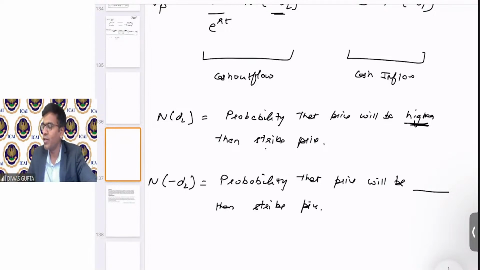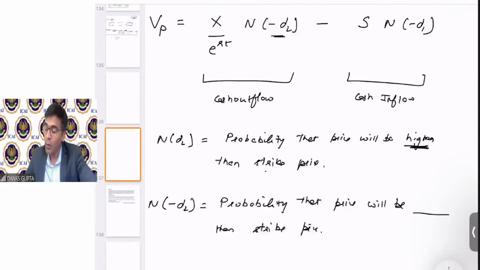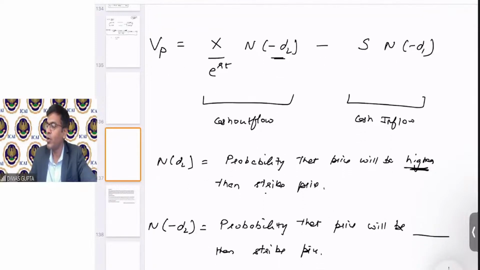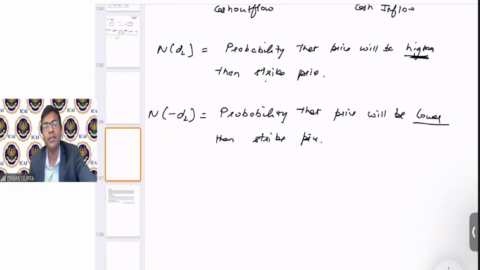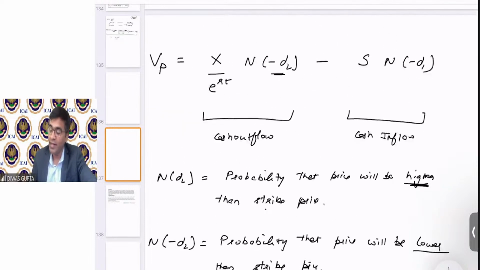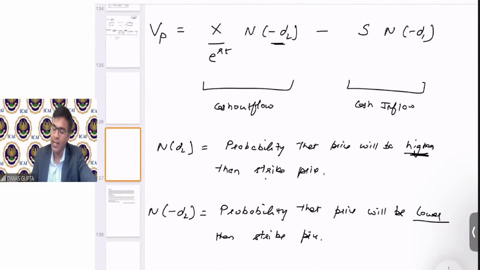So fill in the blanks. What is this dash? We are talking about put option. Yes, very good. Tanisha and Mansha, yes, you have made it. This is lower. Perfect. See, the things sometimes become self-explanatory.